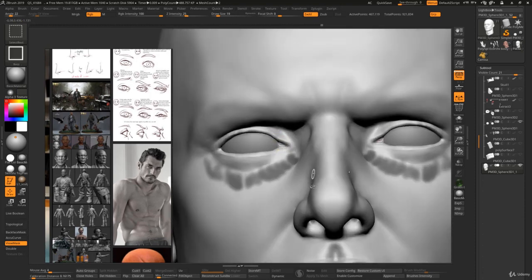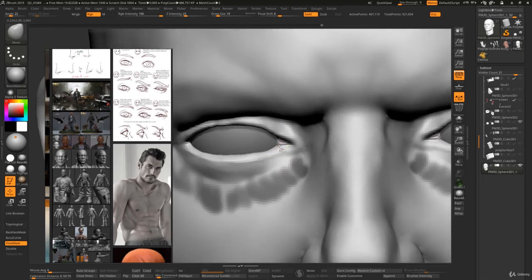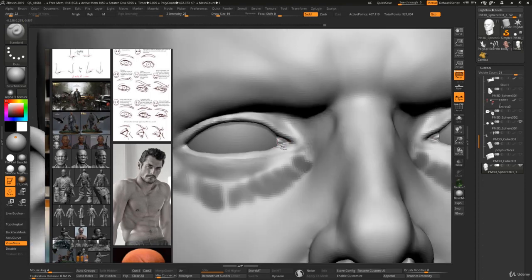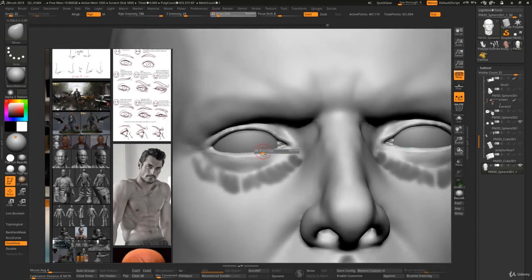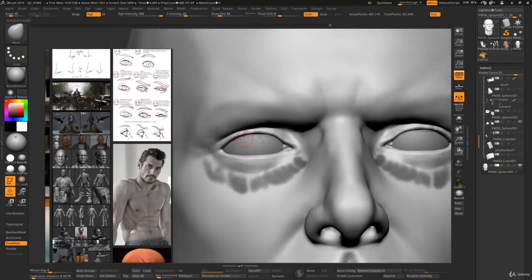Remember to pay attention with the draw shape for this inner part of the eyes, the lacrimal, and remember to always check the draw shape of the eyes that we said it would be more something inclined, like this. All right.